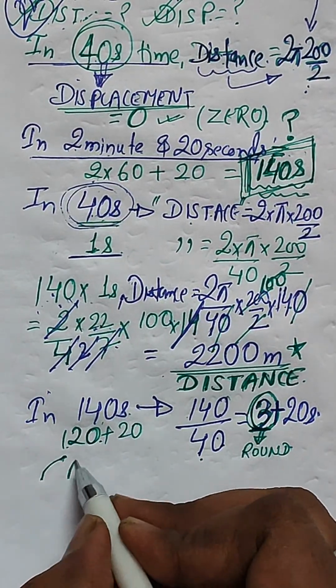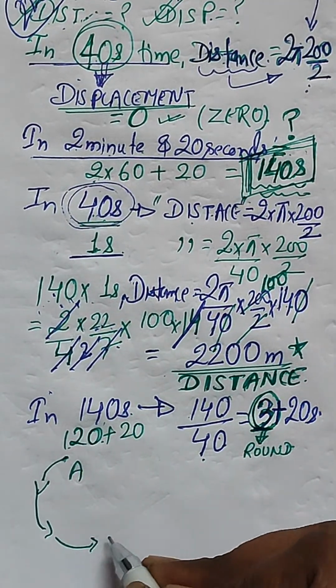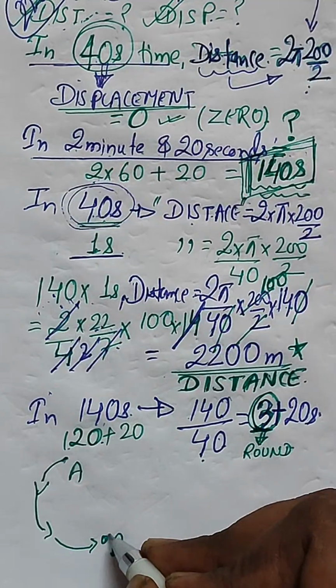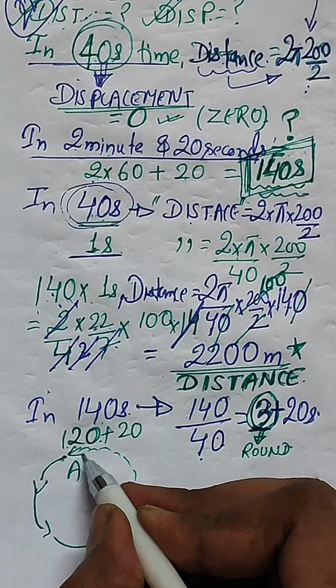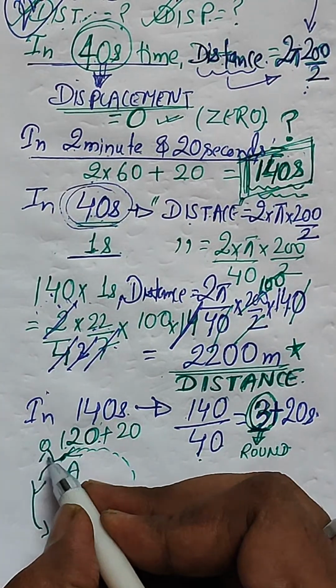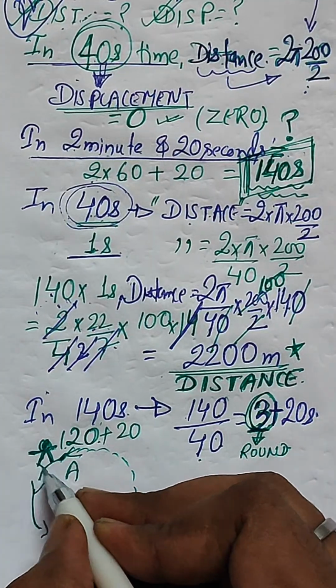So if the athlete was starting from A like this, going to B, and again reaches A, right? Here is the athlete starting from A, right?